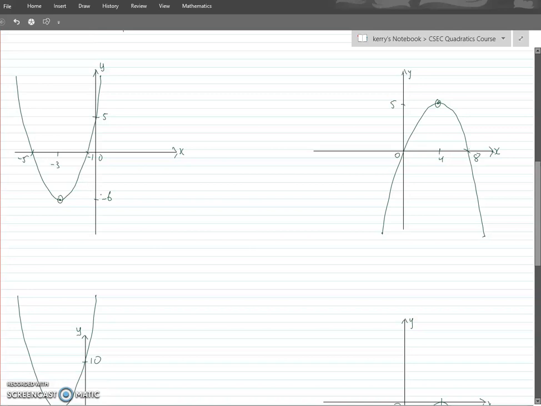Alright, so last time we started to talk about what a quadratic curve is. We noticed that the name of the curve of a quadratic is a parabola. A parabola takes a U shape. It's more like a V-shaped curve with a rounded base or a rounded top.